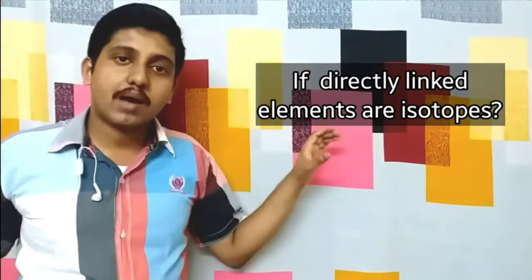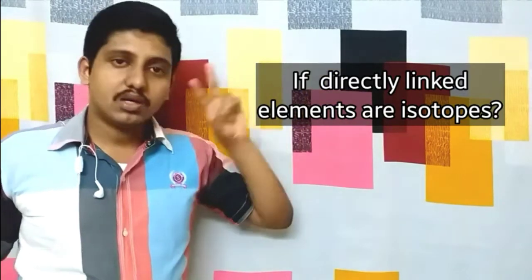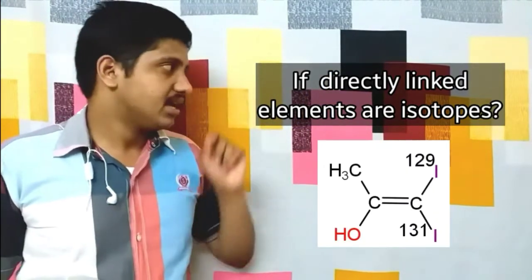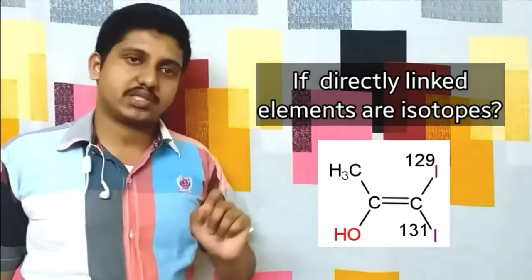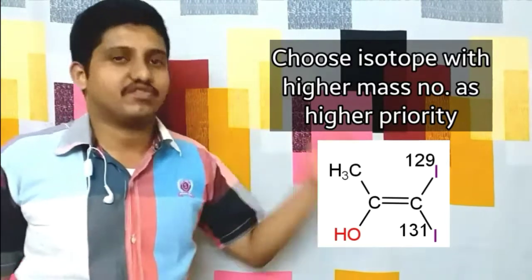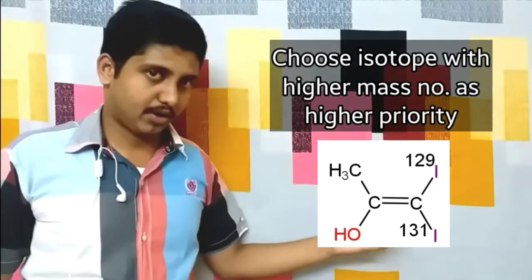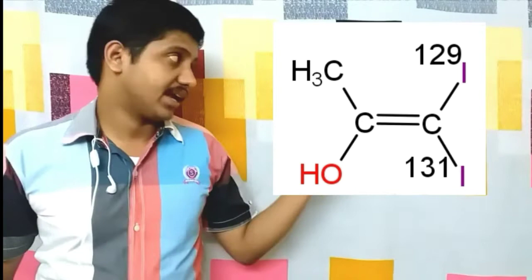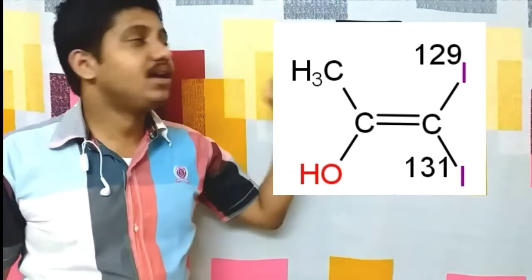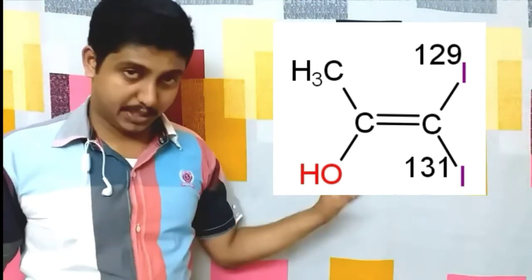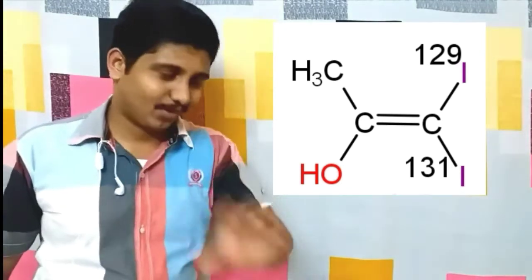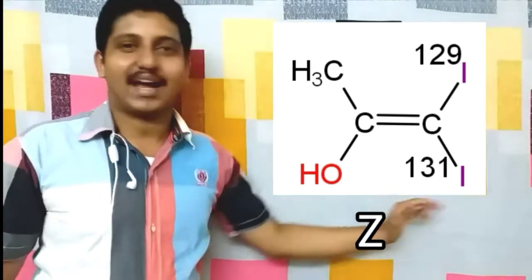If the double bonded carbon atom is attached to two different isotopes of the same element, in such a case, as shown here, you have to choose the higher mass number isotope as the more preferred group, or the group with the higher priority. Following this rule, iodine 131 has a higher priority than iodine 129, and hence this isomer, by following all the other rules, is a Z isomer.